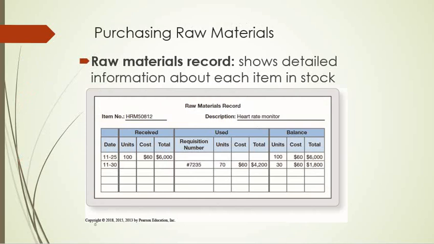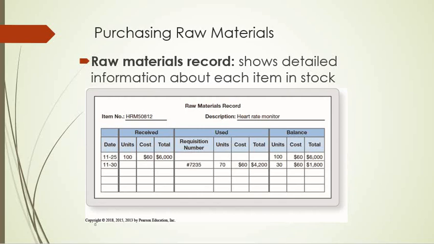To help them keep track of costs, there are many different records, but I wanted to focus on the ones that are most important. So the particular company is going to purchase raw materials. It's going to show detailed information about each item in stock, how many units there are, what they cost them, okay, and the requisition number.